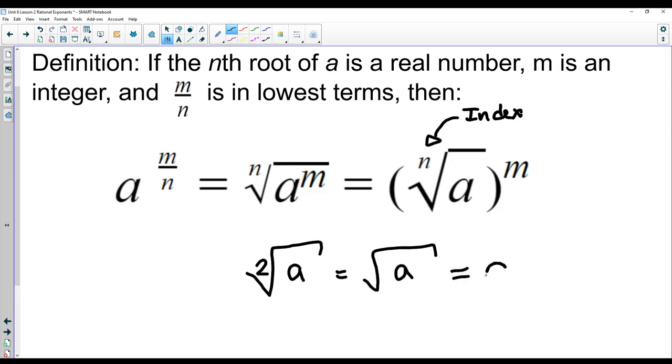So this ends up looking like this under a root, but then looks like this as a fractional exponent. What we want to talk about next is the process of simplifying these problems in the context of having fractional exponents.